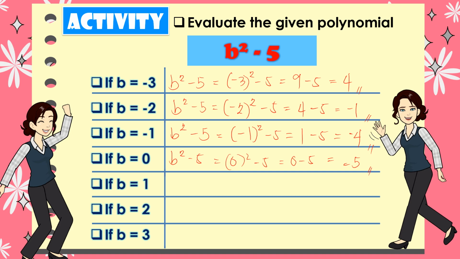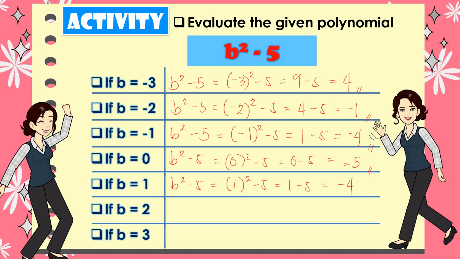Very good. If b is equal to 1, so let us see what will happen to the polynomial if b is equal to 1. So replace natin yung b ng 1, and then that would be 1 squared minus 5. 1 times 1 is 1 minus 5. The answer is negative 4.